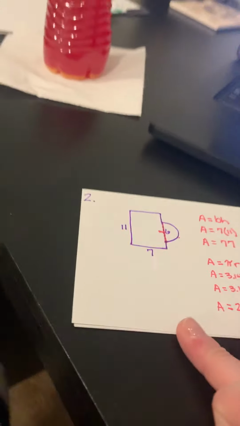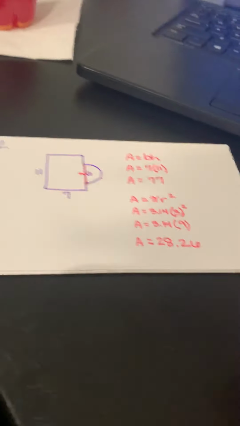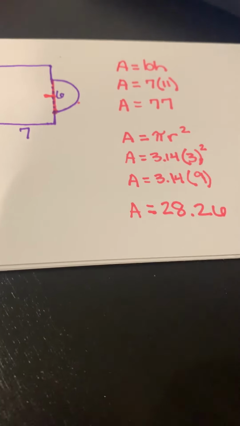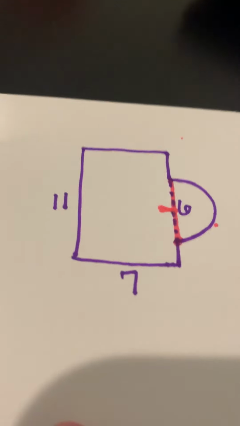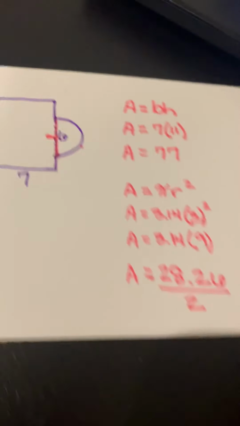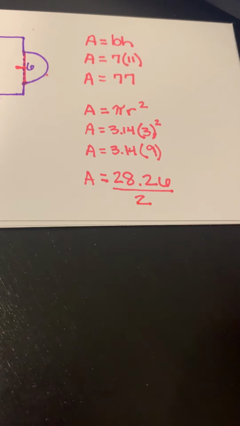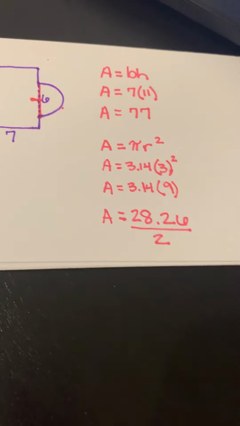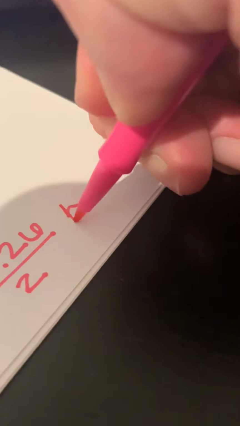Okay, but that's the area of the entire circle. Remember, we don't have an entire circle here. We have half of a circle. So I need to divide this by 2. If I divide that by 2, I'm going to get 14.13 for the area of my semicircle.